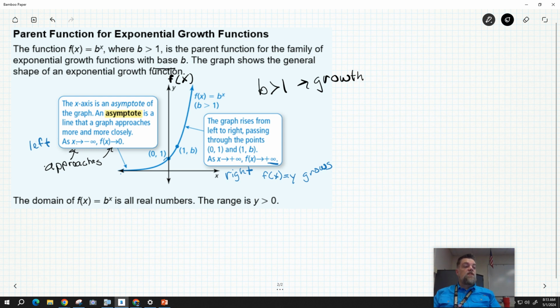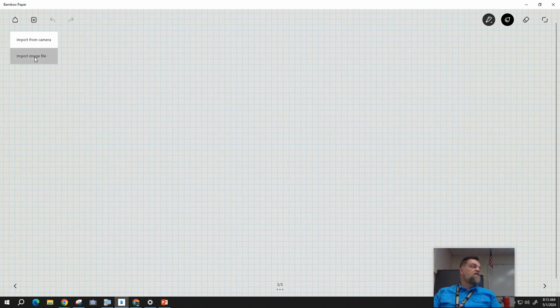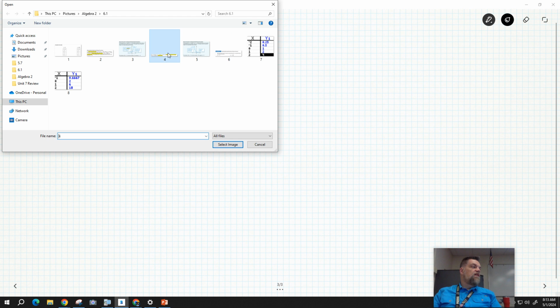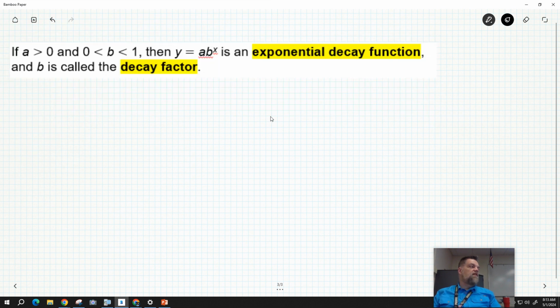All right, so then what happens when b is a fraction? So remember, a has to be greater than 0. If a is negative, remember when a is negative, it flips it, right? It's just going to flip it like this.